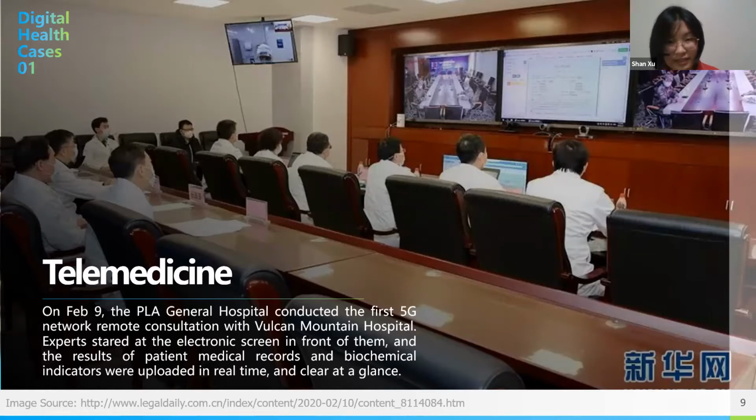And we can see that experts stared at the electronic screen in front of them, and the results of patients, the medical records, and also the indicators are uploaded in real time with high resolution images, and they are very clear at a glance.